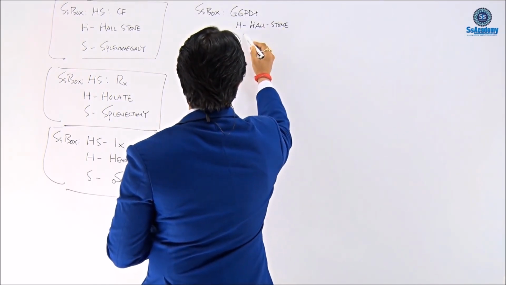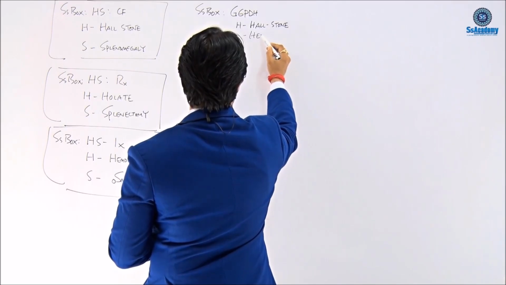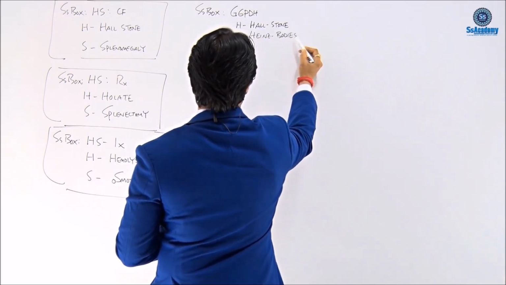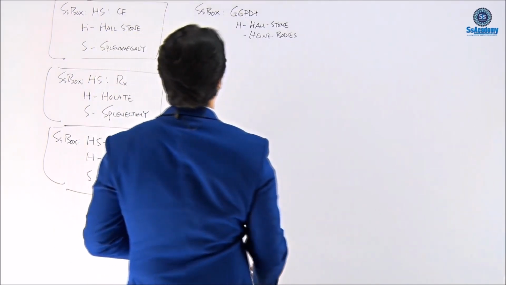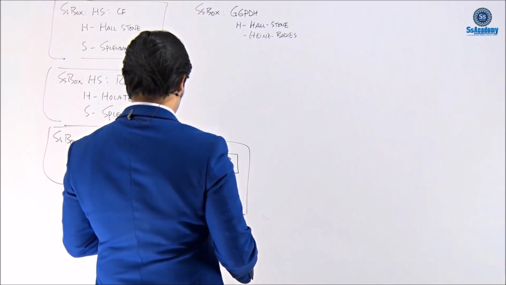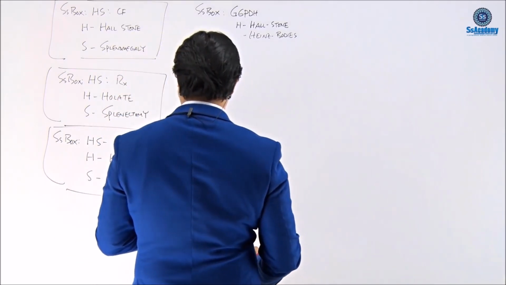And H for Heinz bodies that we need to remember, which we already learned, on the peripheral blood film.